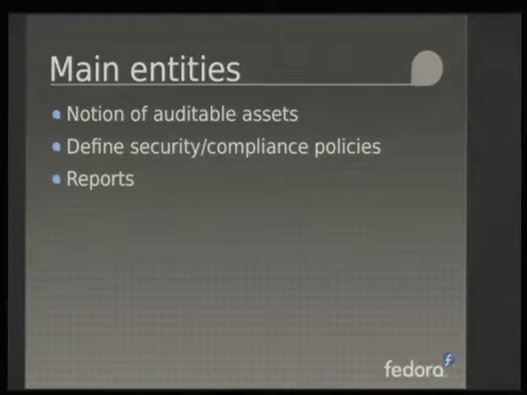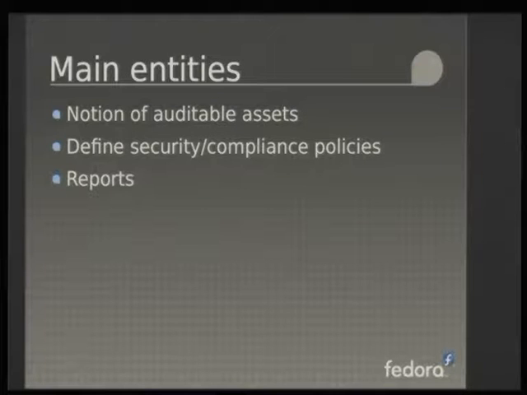So the main database entities would be some notion of asset. The asset is one of the entities, and it can be really a host or a container or even a set of hosts, because you might want to model it like a set of hosts has a policy assigned, and I don't want to assign the policy to each of the hosts.